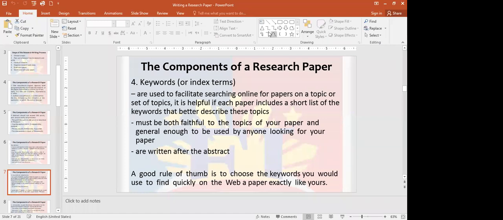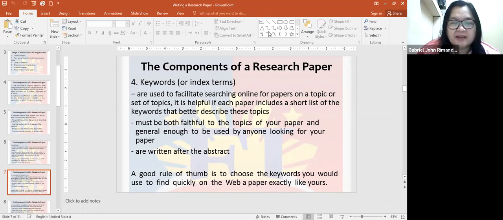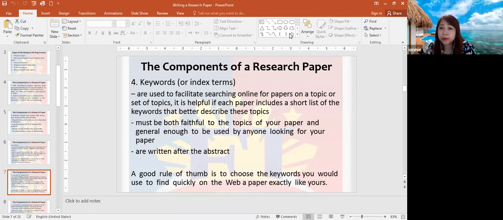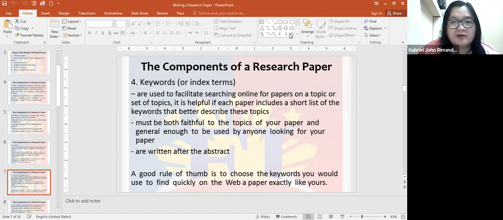Even when you type a question, one statement, one sentence, that will be shown. That will serve as keywords as well, as long as they can find a keyword within the text that you have typed, it will show you other related researches. Okay?